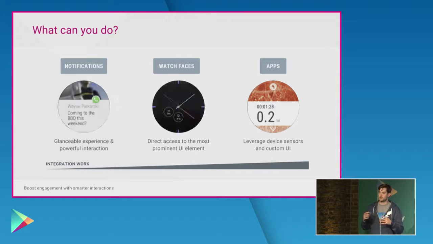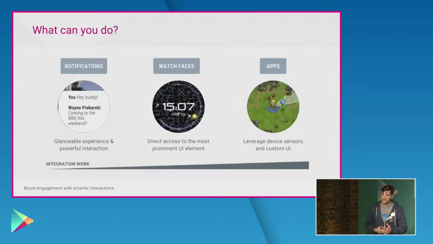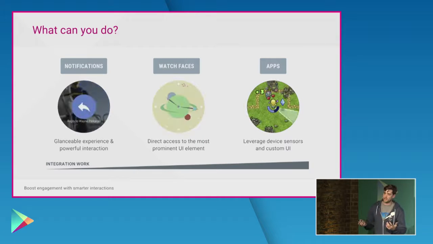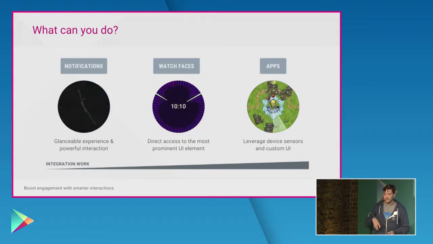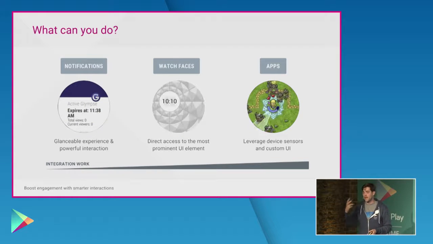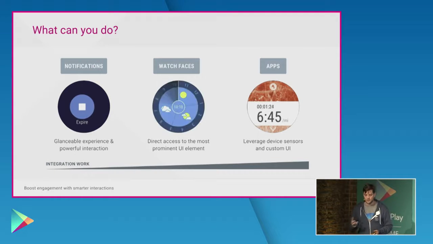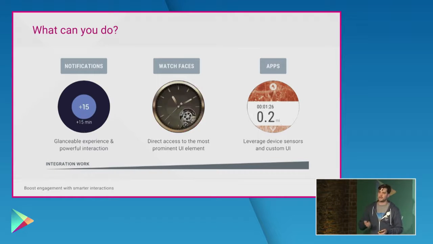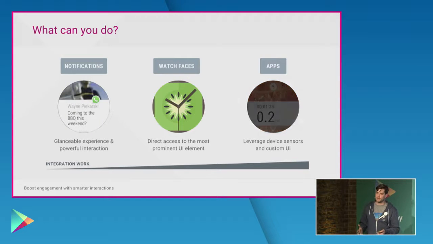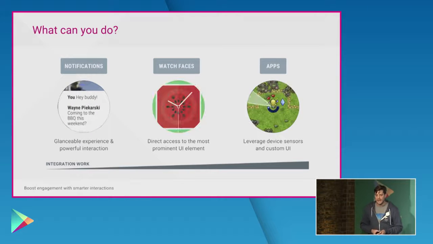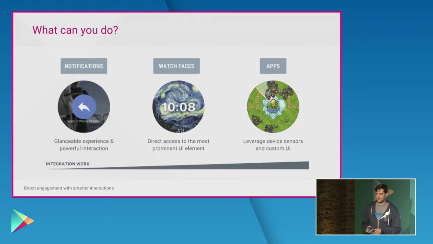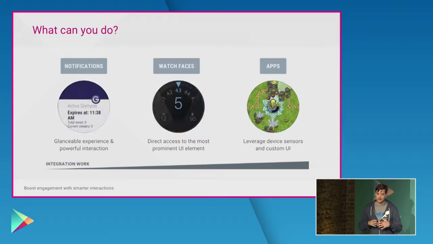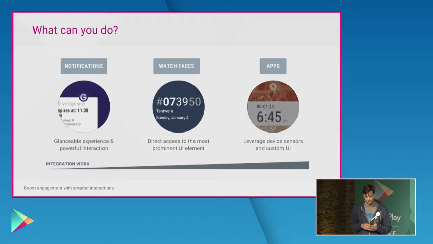If you have optimized your notifications for Android, then they already work on Wear. If you've enhanced your notifications with action buttons, then those actions automatically work on Wear. And there's great Wear-specific enhancements that you can do, like stacks, pages, and voice replies.